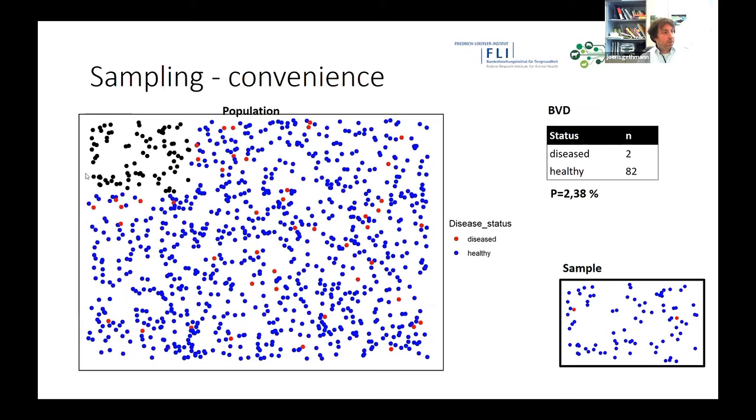And here I looked at convenience sampling. So I just grabbed all animals in the top left position. And by chance, here you have only 2 animals diseased out of 82, and in your sample you have an estimated prevalence of 2.38%.